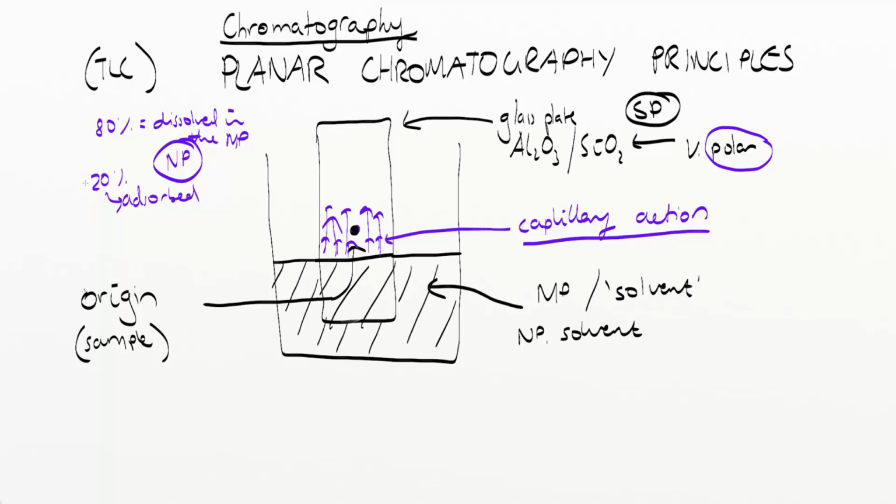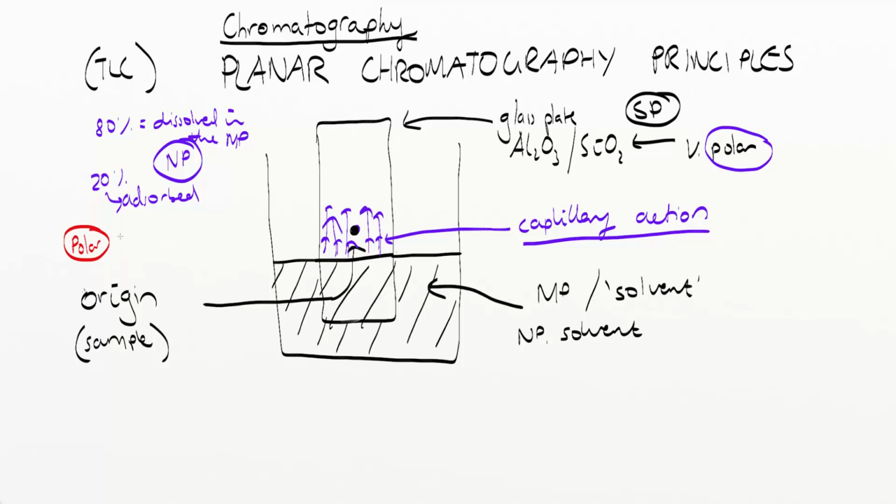Let's compare that to another example. Let's say instead we've got a polar component. If there's a polar component in here, what's going to happen? Well, the polar component is going to be very attracted to the polar stationary phase.